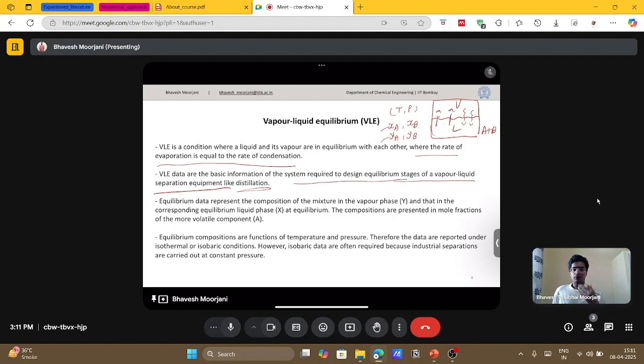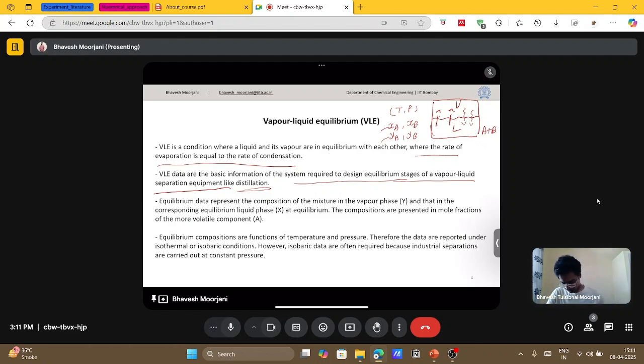Now for a given pressure, if I have the composition of A and B in the liquid and vapor phase for different temperature values, that is our VLE data.